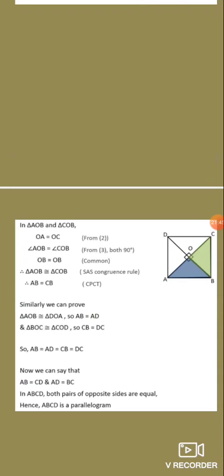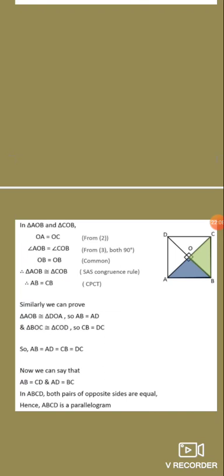Similarly we can prove that triangle AOB is congruent to triangle DOA, so we can write AB equal to AD. And next we can prove BOC is congruent to COD, so we can write CB is equal to DC.